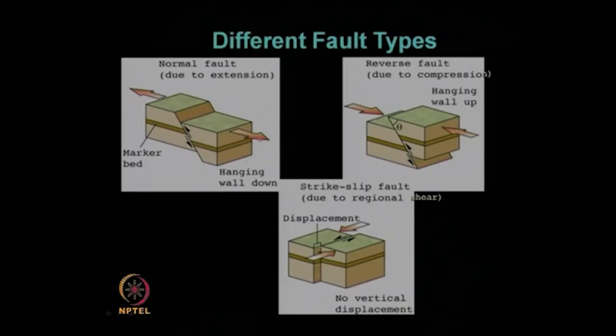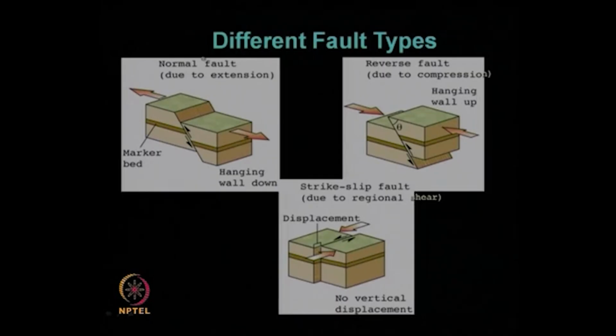So, just we have seen the recap of our previous lecture. So, in the divergent type of plate movement, this normal faults are getting formed, or the other way round we can say the divergent type of plate movement creates this normal fault. So, in this case, if you make a marker for a particular bed, you can see that hanging wall down, there is a force over this, you have on this point, there is a movement both vertical as well as horizontal, right.